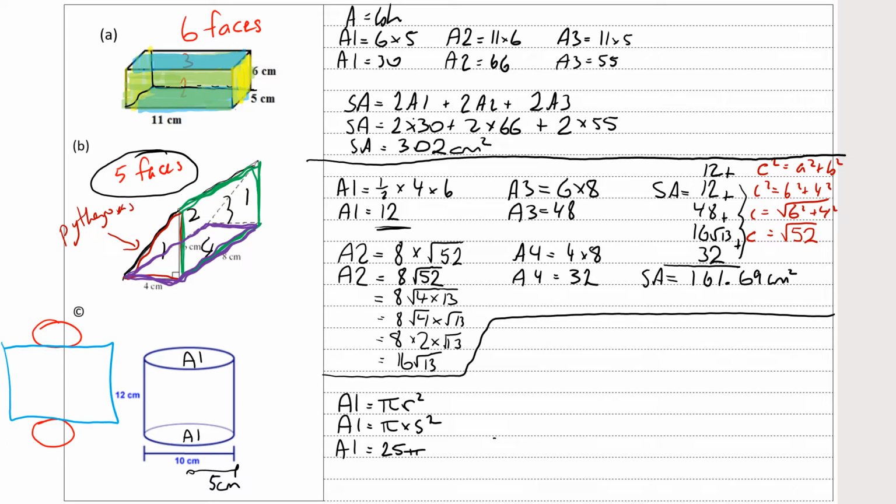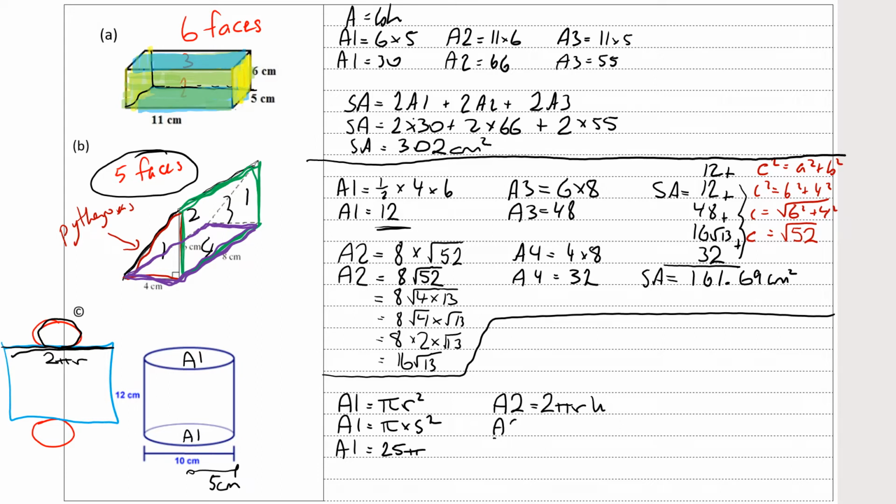Okay, next, we've got a rectangle. So the rectangle, remember we talked about this top length here is the same length as the circumference of the circle. So that is given by 2 pi r. So area 2 is calculated doing 2 pi r, that's our base, times the height of the rectangle, which we'll call h.